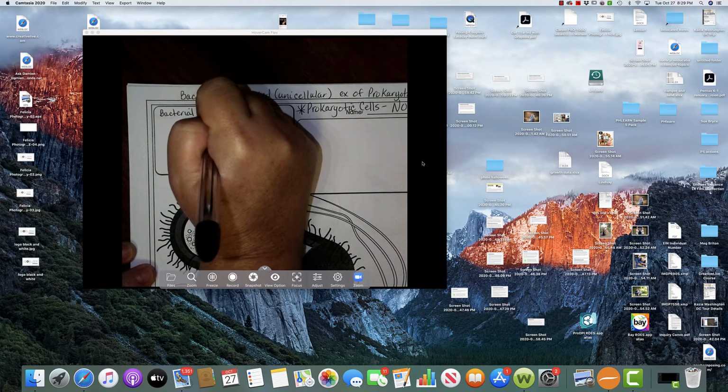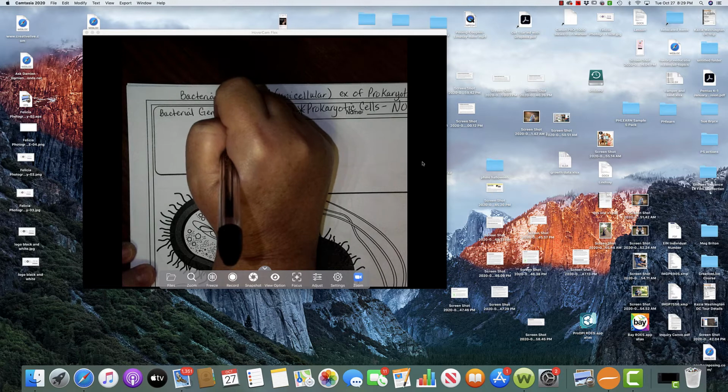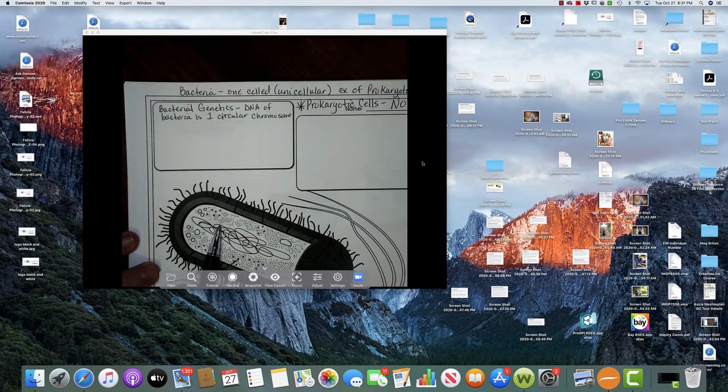I do recommend that you write a little bit small. Okay, so here is the circular chromosome. I realize it doesn't really look like a circle. That's just because it gets folded upon itself, kind of like a shoelace. If I tied a shoelace and then just threw it on the ground, it wouldn't necessarily look like a pretty circle either. What we need to realize is that this one long chromosome contains all of the instructions that are used to build proteins within the cell.